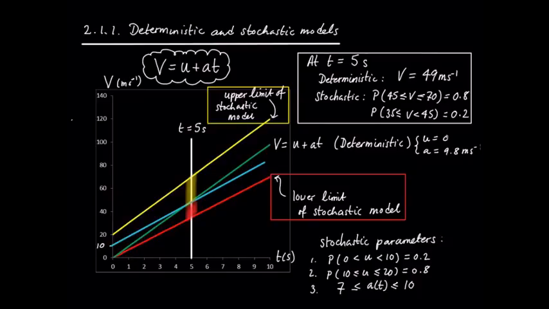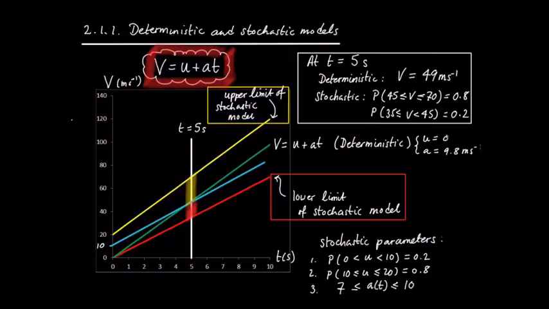In the case of v equals u plus at, it will tell us the velocity of a particle at a given instant in time when it starts with an initial velocity u and is subject to some constant acceleration a. So in the figure, you can see v equals u plus at illustrated as a straight line graph, the green line, and it shows u is equal to 0 and the acceleration I've chosen to be 9.8 meters per second squared.